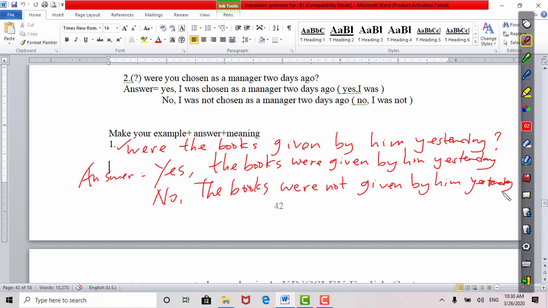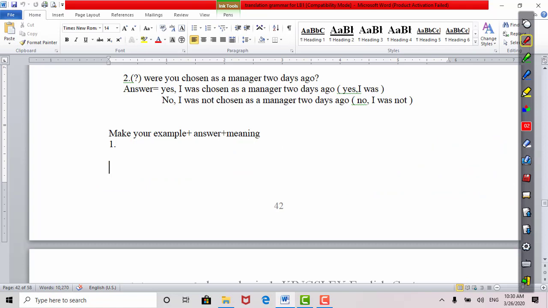Or you only answer yes, the books were, or no, the books were not. You can answer short or long. Okay? You can make your own example at home. I erase first before the next page.